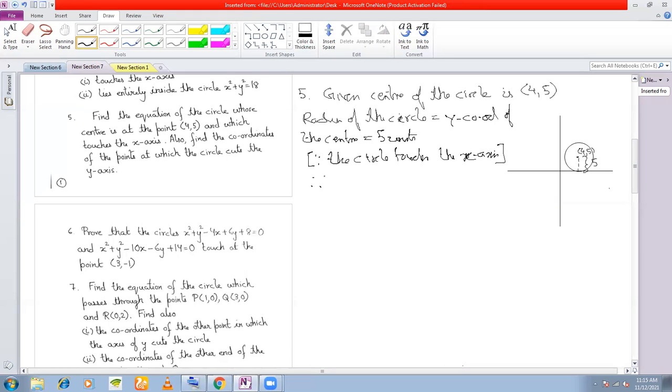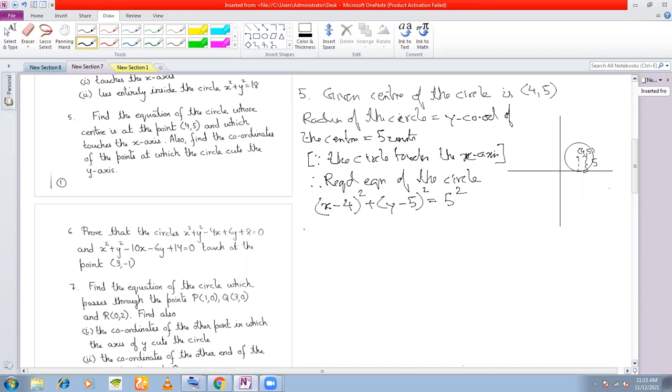Therefore, what is the required equation of the circle? From your standard form, (x minus h) whole square plus (y minus k) whole square is equal to r square. The radius is 5 units. So this is the required equation of the circle.